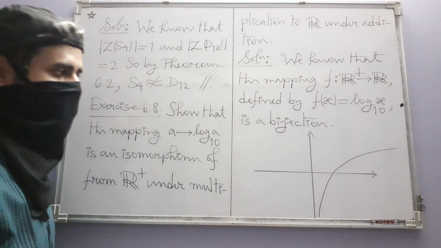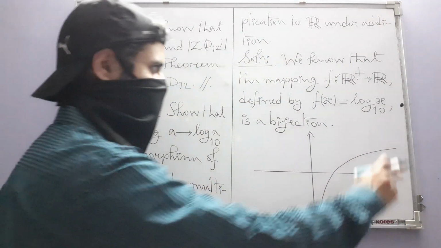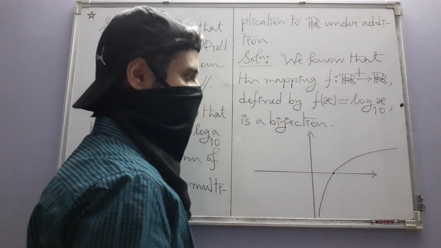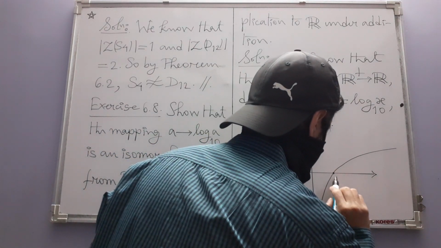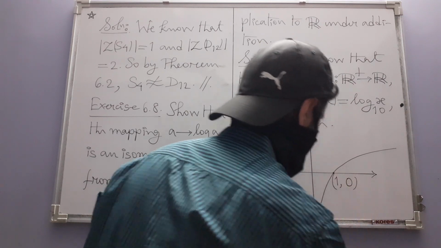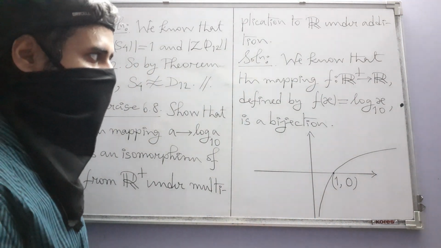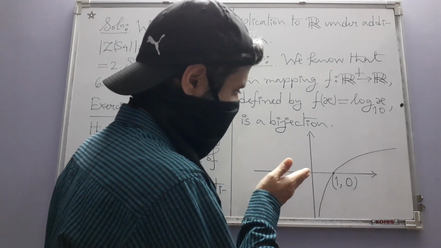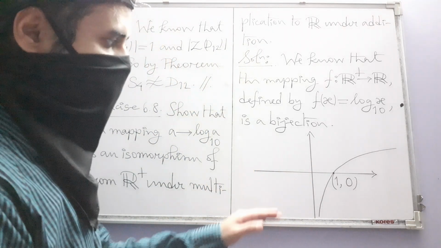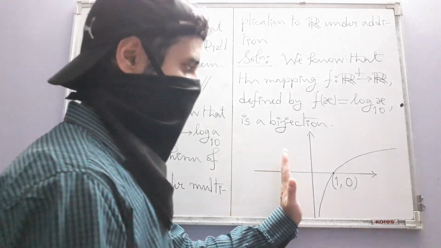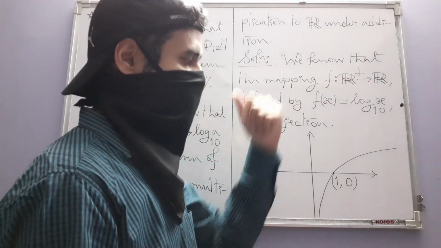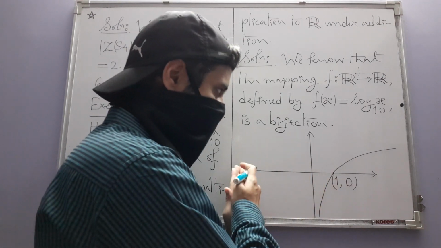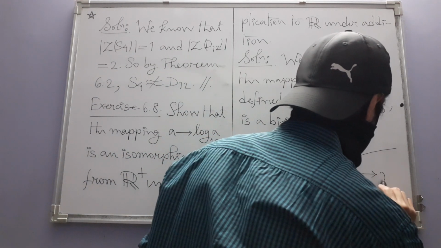Is something like this. If you put x equal to 1, you are going to get 0. So that means (1, 0) is a point on the graph of this function. Just from the graph itself, you can see that the domain is the set of positive real numbers, because the graph does not lie on this side of the y-axis.